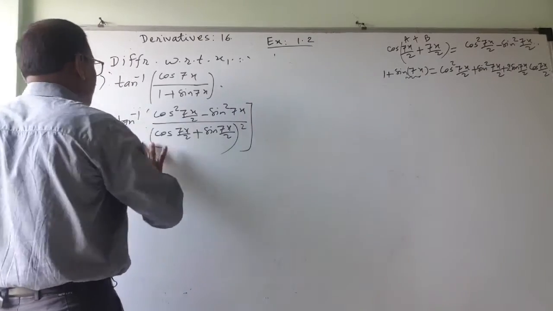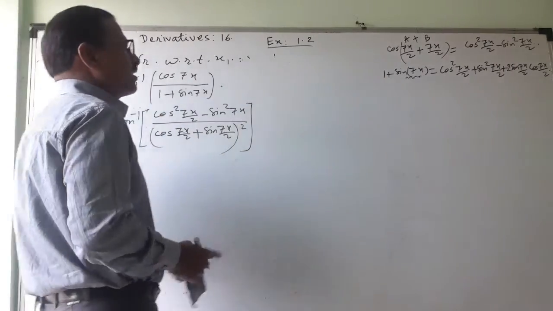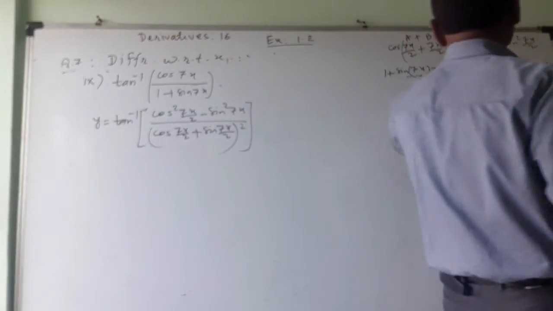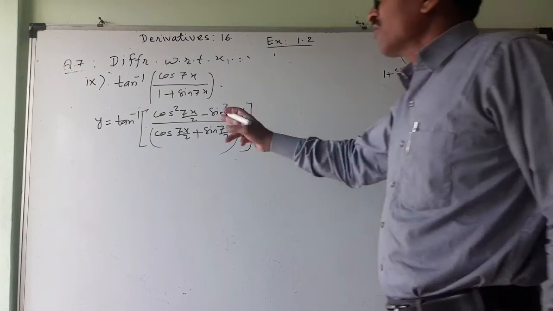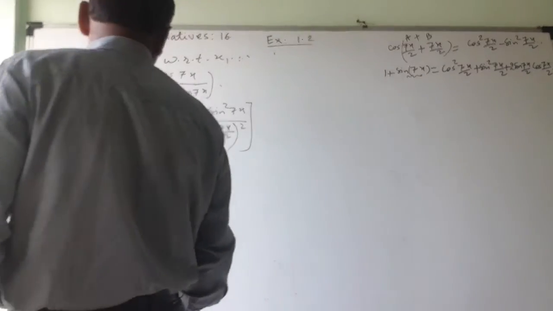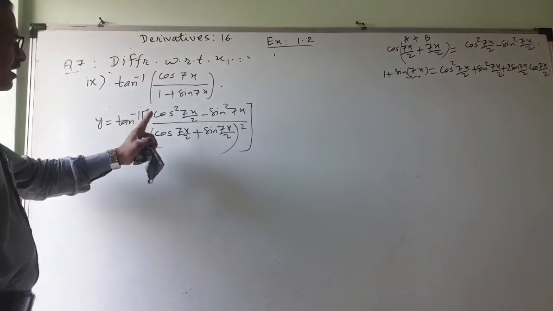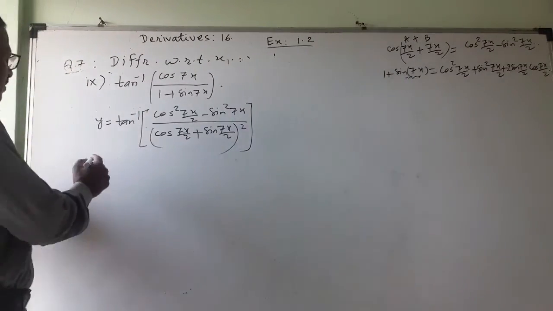Check this. Come back here. This is a square plus b square plus 2ab. So whenever you find such a thing in derivative or integration, you go directly this way.